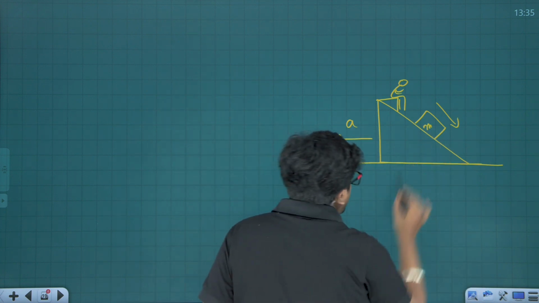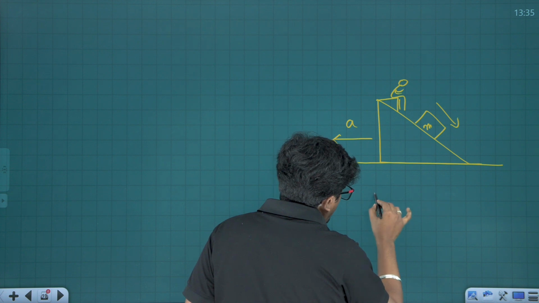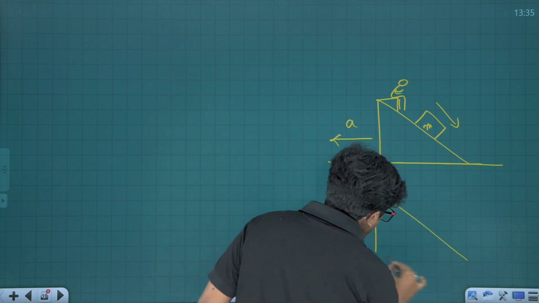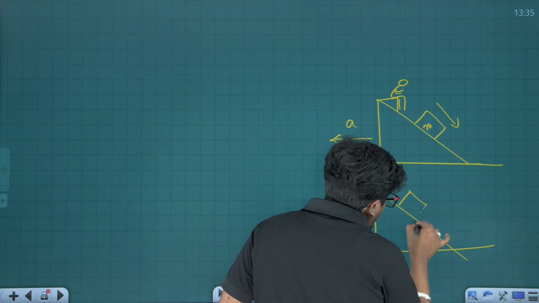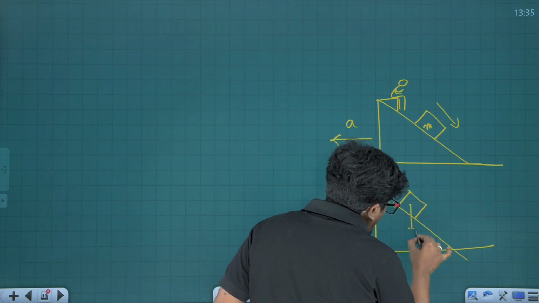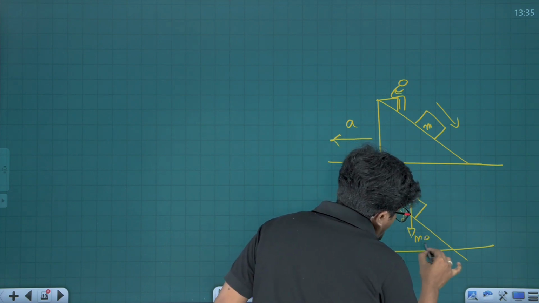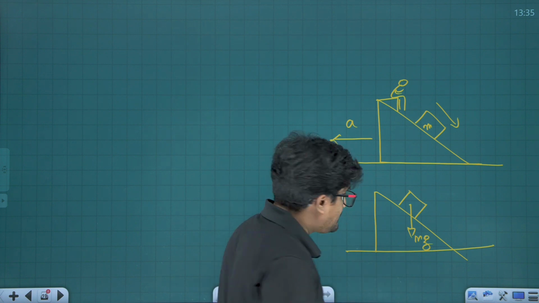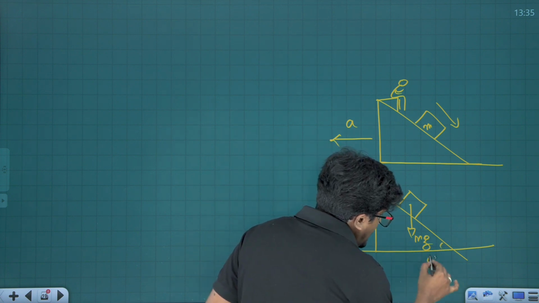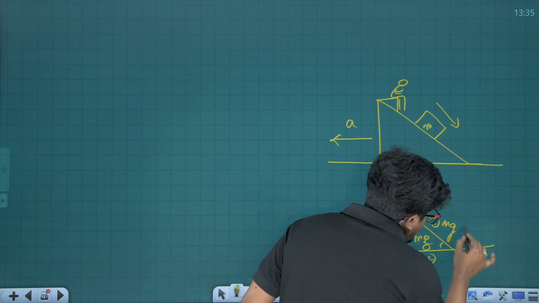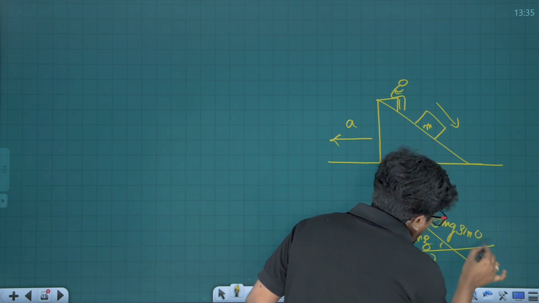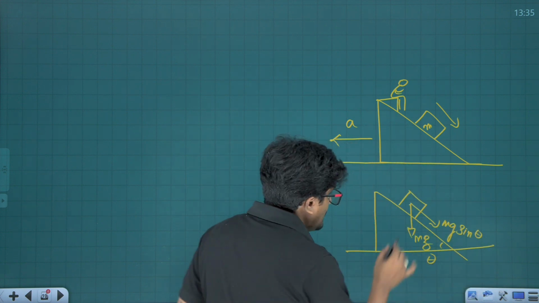So here, if I consider this block kept on the wedge, the forces acting are, of course, m into g acting in the downward direction. This angle is theta. So here this is going to be what? mg sine theta in the downward direction.